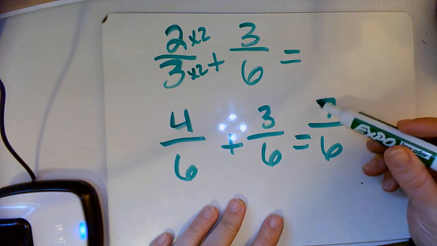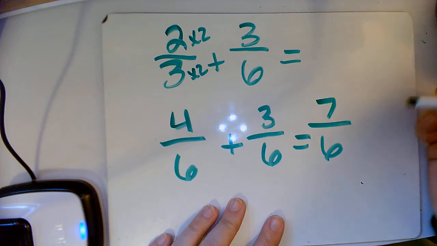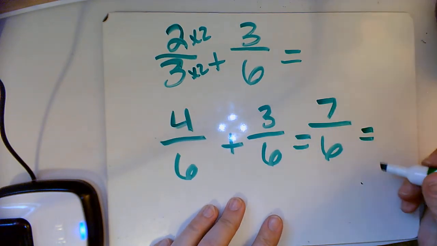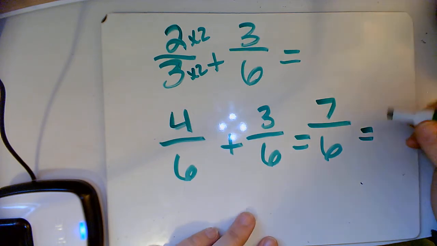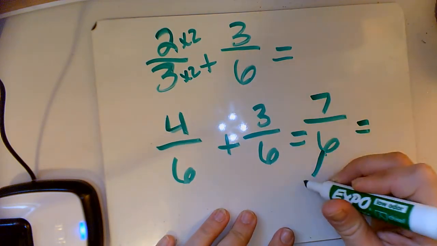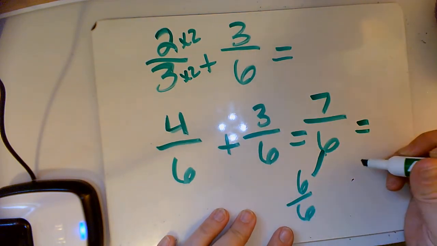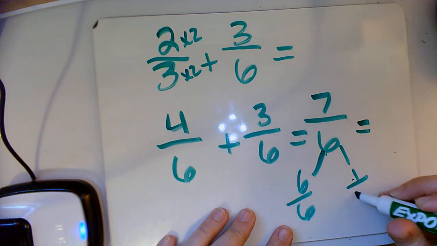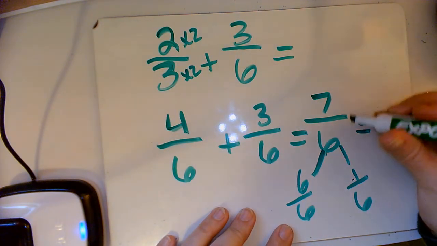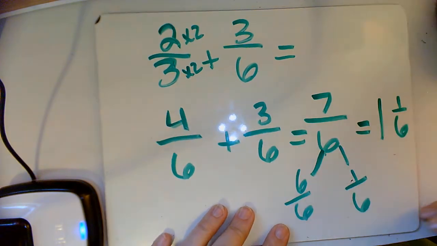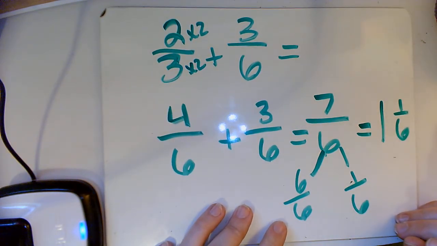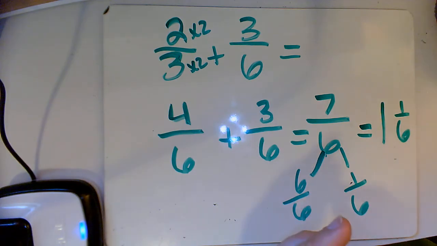So if our numerator is larger than our denominator, then we can make one whole. So if I take 6 of those 7 and make 1, so if I take 6/6, that's going to leave me with 1/6. So I can rewrite 7/6 as 1 and 1/6. Okay. So we'll do a couple more just with converting without a visual.